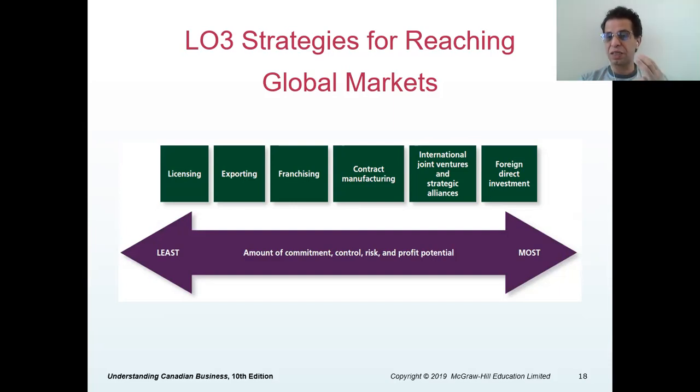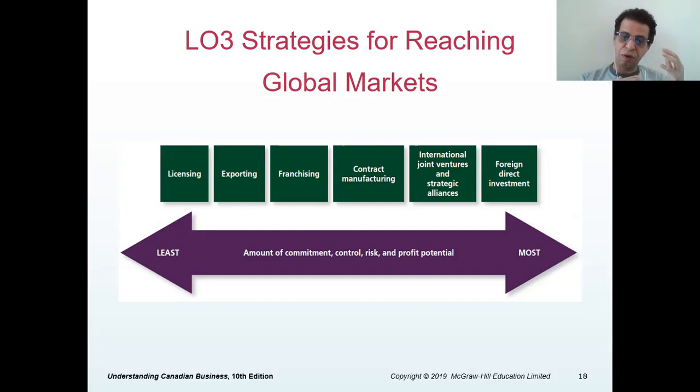So you can do licensing, exporting, franchising like McDonald's everywhere, contract manufacturing, international joint venture and strategic alliance, and foreign direct investment. We'll speak about them in the later chapters.